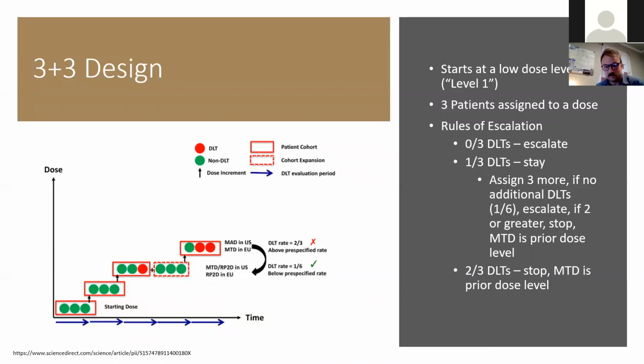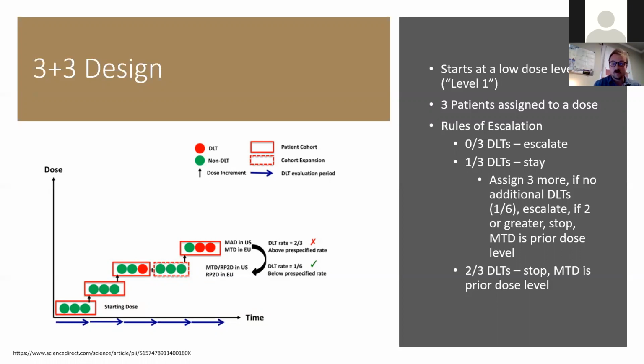Now, briefly to touch on how the 3+3 works. Traditionally, when we're talking about cancer drugs, we're looking at cytotoxic agents such as chemotherapies. What this means is that typically a higher dose level usually leads to a higher toxicity but also a higher efficacy.